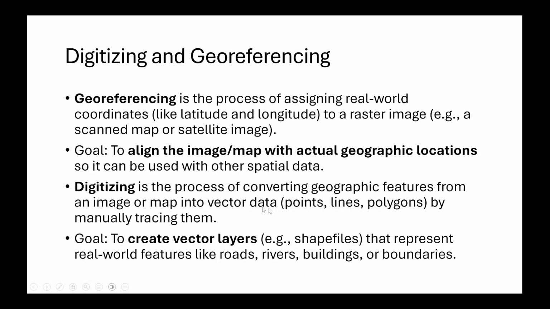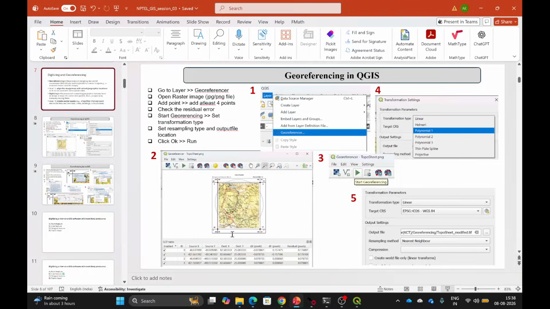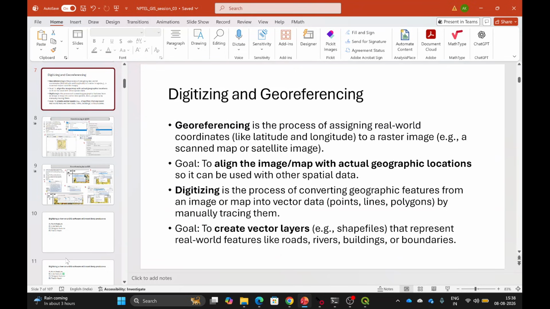Okay, and we do that by manually tracing this. So what I will do, I'll show you how you can digitize a map and create vector files like point files, line vector files, or polygon vector files from a map.